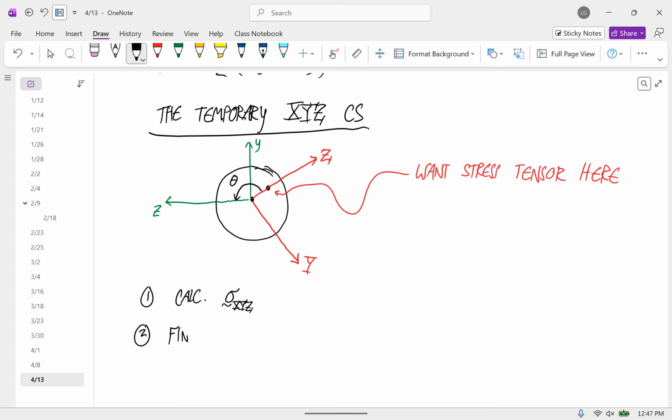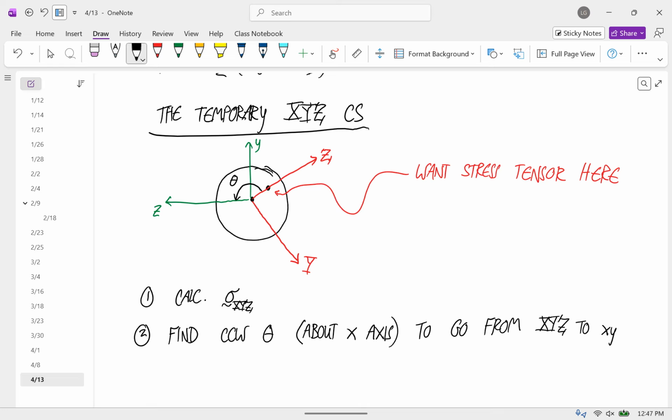Second, you'll find the counterclockwise angle theta, and this is going to be about the x-axis, to go from the temporary capital X, capital Y, capital Z to the one we want in the lowercase.